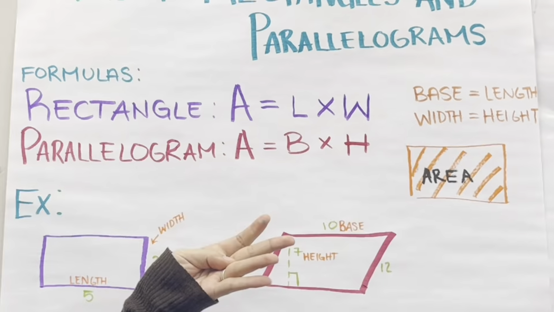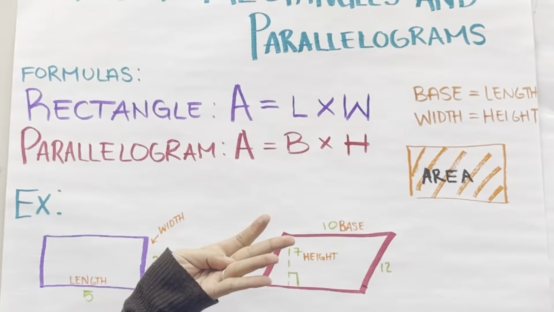Let me explain. Looking at our first example here for our parallelograms, we see 3 different numbers on this parallelogram. Unfortunately, in a lot of our tests and assignments, we have a lot of trick questions to see if the student understands and fully grasps what they have in front of them.